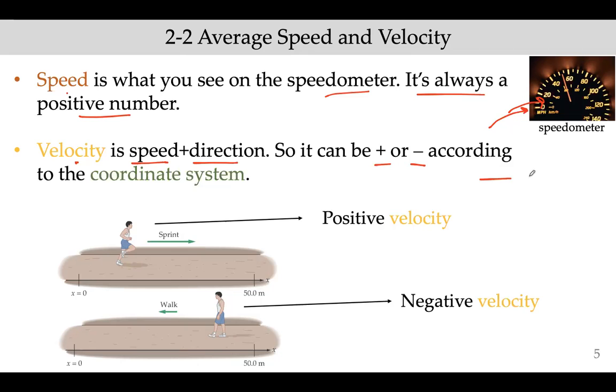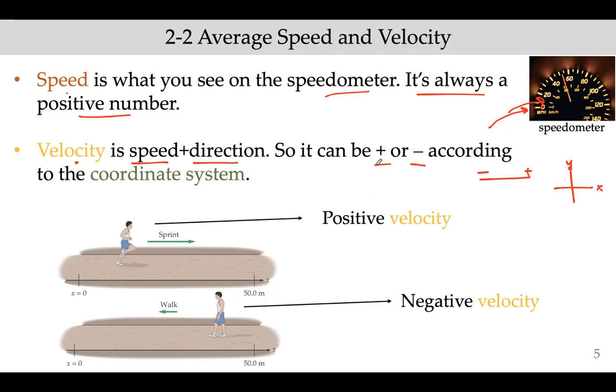In one dimension, it could be positive or negative. But in the following chapters, we will do, let's say, two-dimensional motion, so it could be x and y. In that case, the velocity would be a vector. It could be north, south, west, and east. But for one-dimensional motion, it can be either positive or negative.